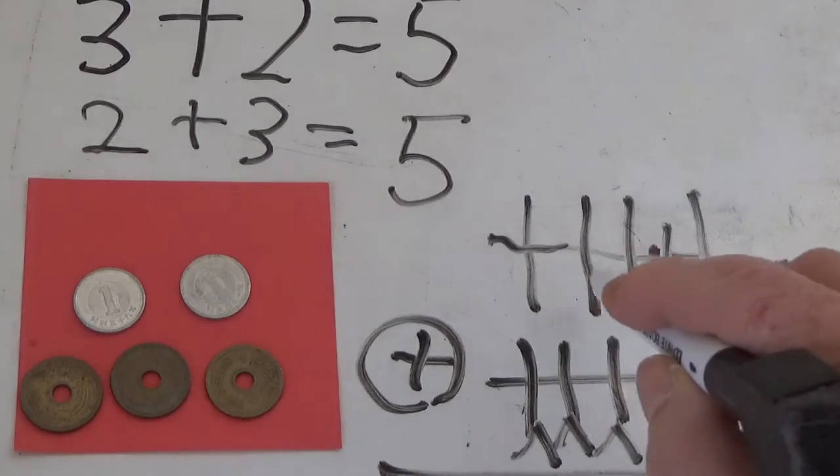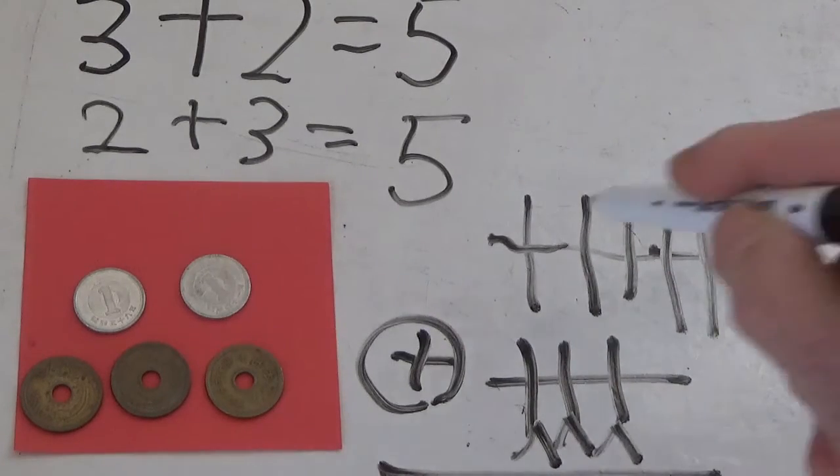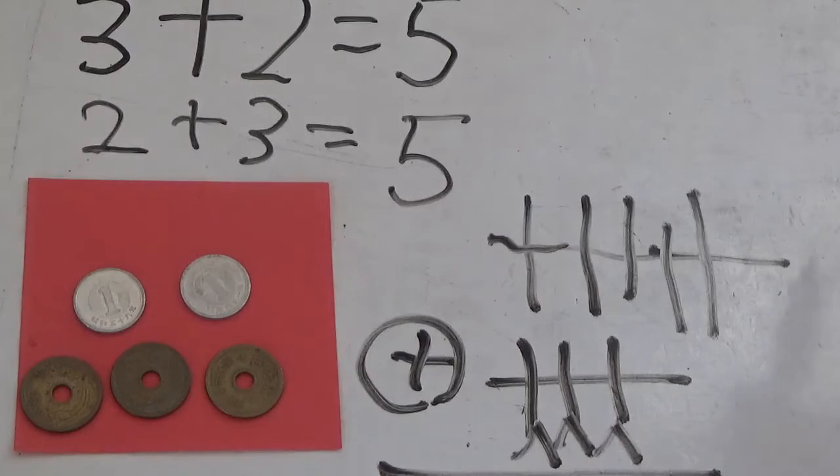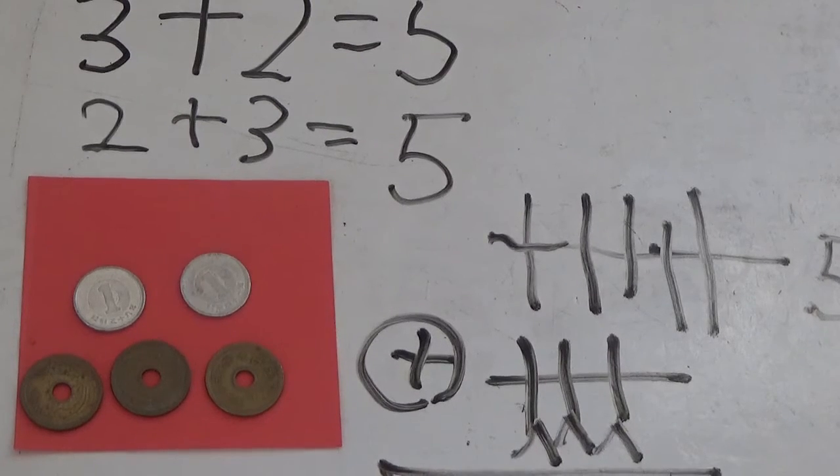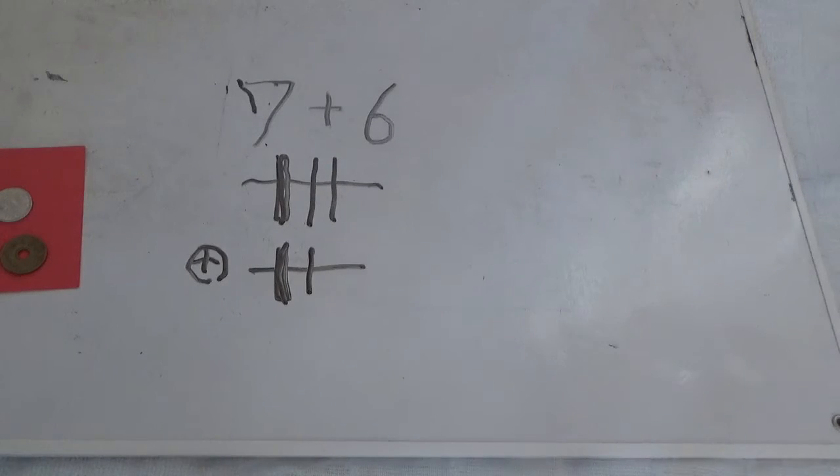So it is 1, 2, 3, 4, 5. That is 5. Okay? It's a simple calculation, but it can be done by lines.